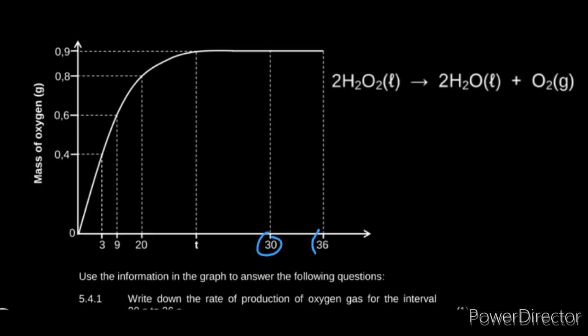What I want you to notice is that rate of reaction is actually the gradient of the graph, the steepness of the graph. The more steepness there is, the higher the rate of reaction. The more shallow it is, the lower the rate of reaction. But here it is straight, meaning that the gradient is 0. So the rate of reaction is 0. So 0 grams per second.